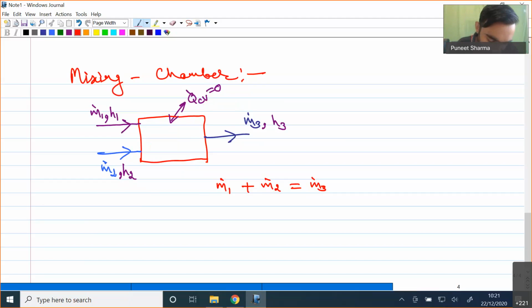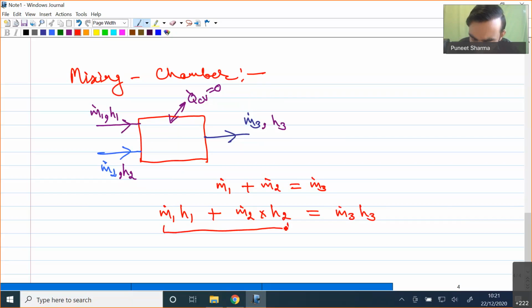Following all these assumptions, the steady flow energy equation gives m1 dot into H1 plus m2 dot into H2 equal to m3 dot into H3, because this represents the energy inflow and this represents the energy outflow of the control volume.